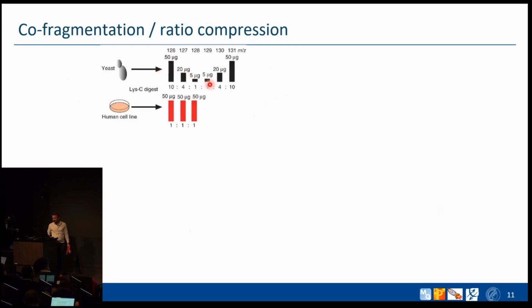So to understand it a little bit better, I want to show you this experiment. There is a mixing experiment. There's some yeast. Yeast is black. And that was mixed in 10 to 4 to 1 ratios, and the other way around. And there is also a human cell line, which was mixed in the first 3 channels on top of that.